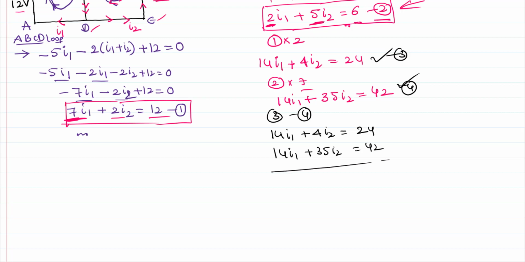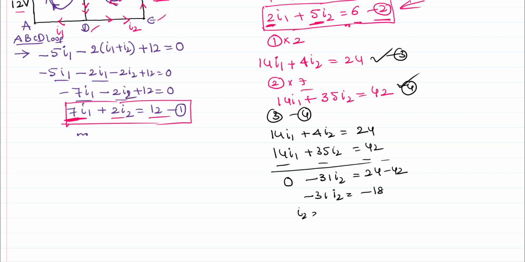I am subtracting, so minus, minus and minus. 14I1 minus 14I1 equal to 0. 4 minus 35, minus 31I2, equal to 24 minus 42. So 24 minus 42, that is minus 31I2 equal to minus 18.